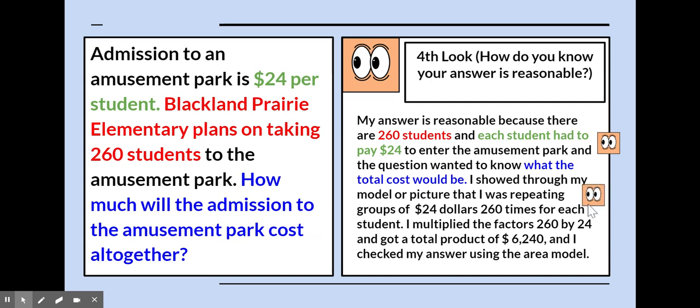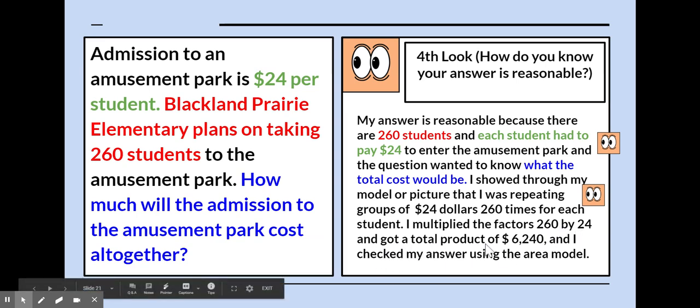That's explaining your second look. I multiplied the factors 260 by 24 and got a total product of 6,240. And I checked my answer using the area model. And that is your third look. So your fourth look is your summary of how you know that your answer is reasonable.